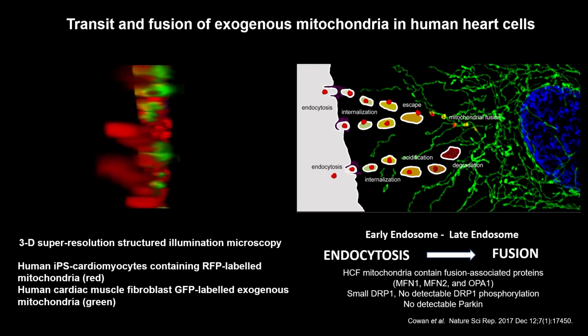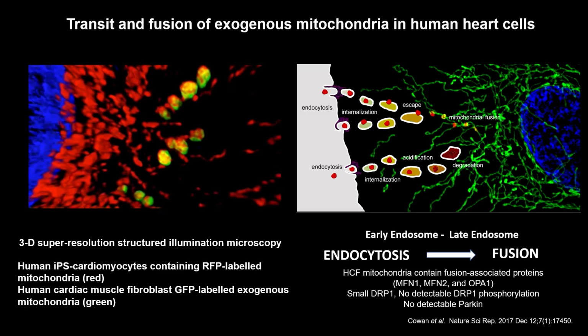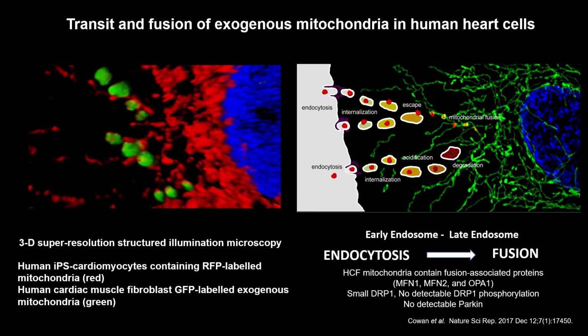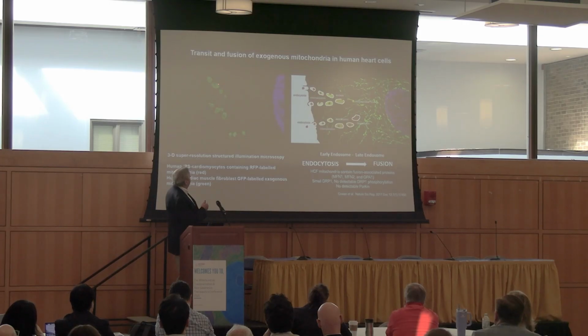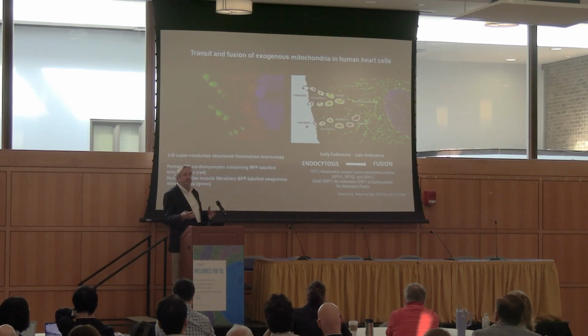And he labeled another cell line green. He isolated those green mitochondria and put them into those cells. And this is what you can see. Here are all these mitochondria coming in. This is a nucleus right here. And you can see those mitochondria coming in, they fuse with the other mitochondria. And once they fuse, there's a number of processes that go on.